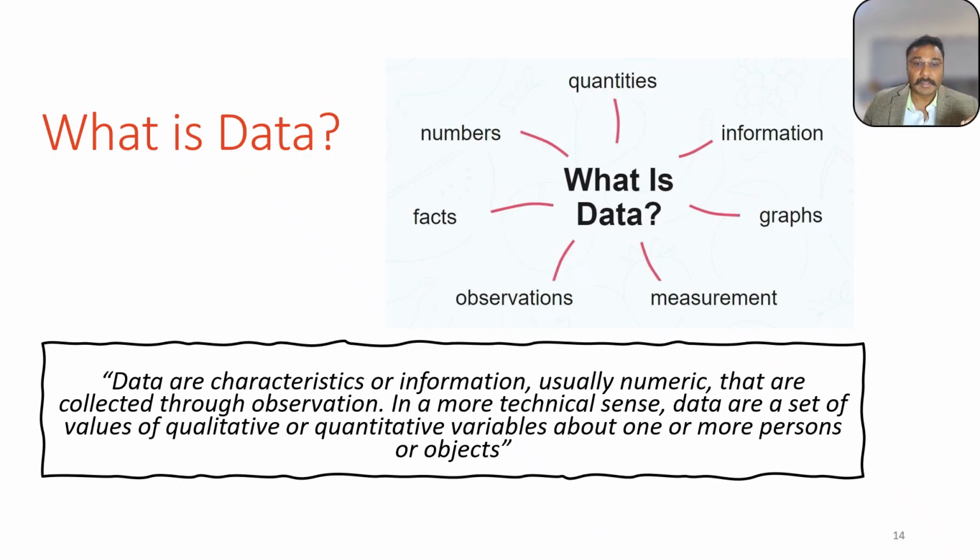Okay, let's see what is data. Data are characteristics or information collected through observation. Whatever you see outside, it's all data. You see the pen, you see the blackboard, the whiteboard, everything is data. They may be qualitative or quantitative.